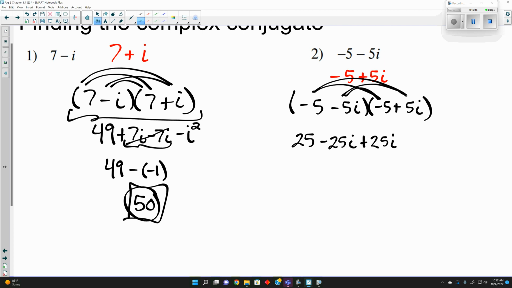And lastly, negative 5i times 5i is negative 25i squared. Well, the i squared is going to make this what? Positive, isn't it? These in the middle cancel. 25 plus 25 is 50.